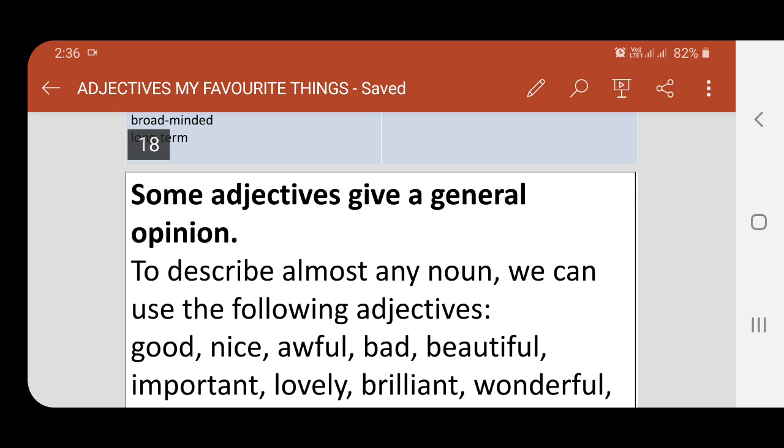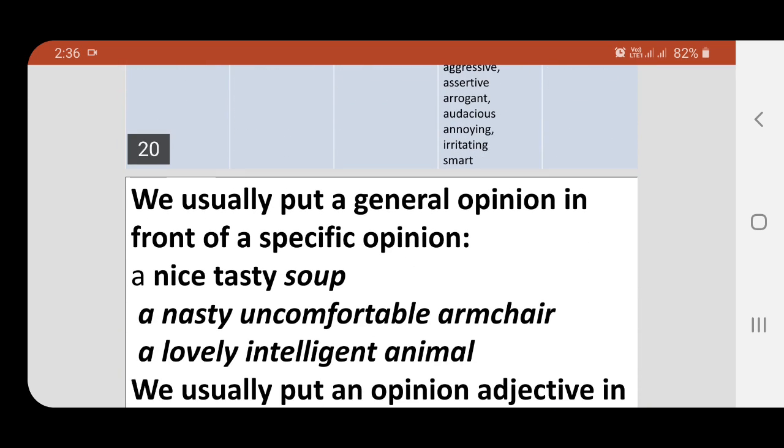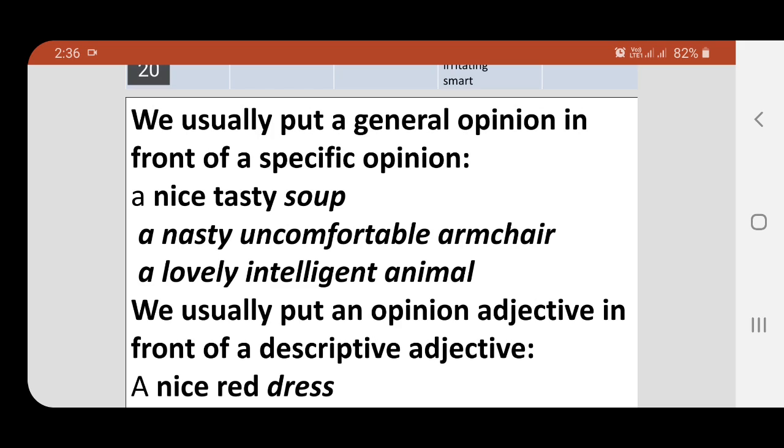See, we always put a general opinion in front of a specific opinion. So we must follow the order. Always you must put a general opinion in front of a specific opinion.